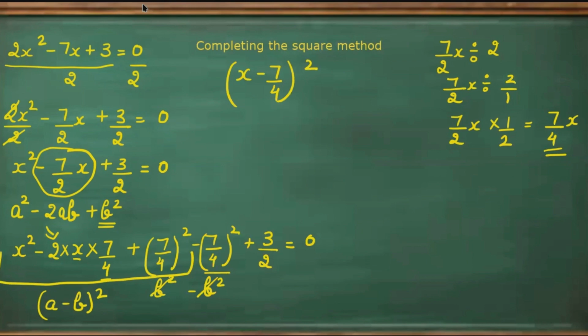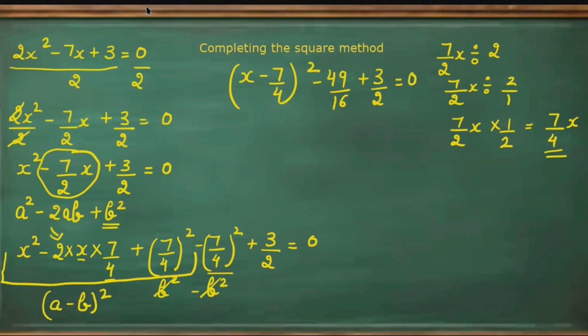We'll open this. We'll get minus 49 by 16 plus 3 by 2 is equal to 0. We will get x minus 7 by 4 whole square plus, since the LCM is 16, we'll write 16 here, minus 49 plus 3 into 8. Because when we multiply 2 with 8, we get 16, so we have to multiply 3 with 8.